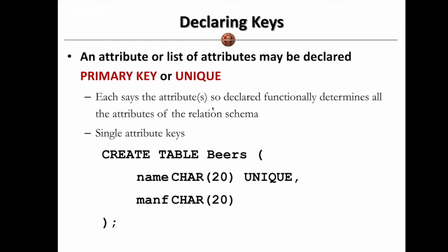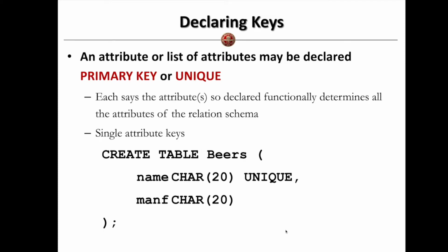So we can use both unique and primary key for the key declaration. However, they are also different, and we will show the difference between the primary key and the unique in the follow-up slides.